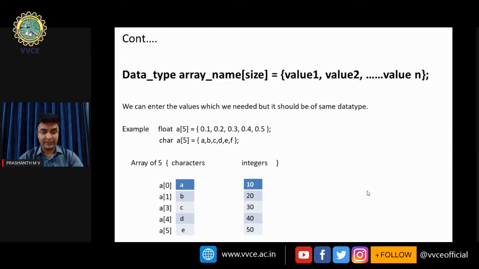For the array of 5, a will go to a of 0, b will go to a of 1, c to a of 2, d to a of 3, and e to a of 4. Similarly, if I give integers, 10 will go to the first location, 20 to the next location, 30, 40, 50, and it goes on. So this is the way we declare it.